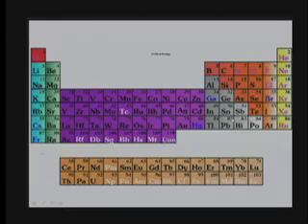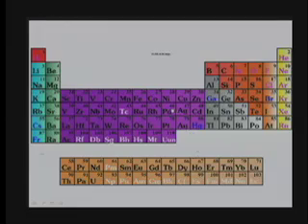It separates the metals, which are all on the left-hand side, from the non-metals, which are all on the right-hand side. In the upper right-hand corner are the non-metals, and the rest of the elements are metals. These in purple are the transition metals, and these below are the inner transition metals.